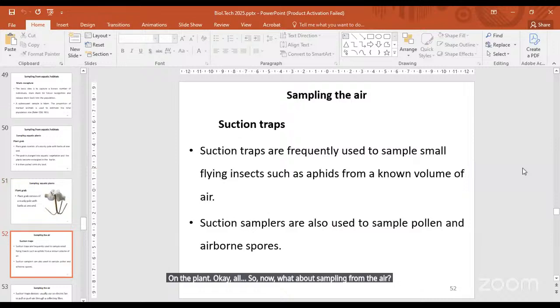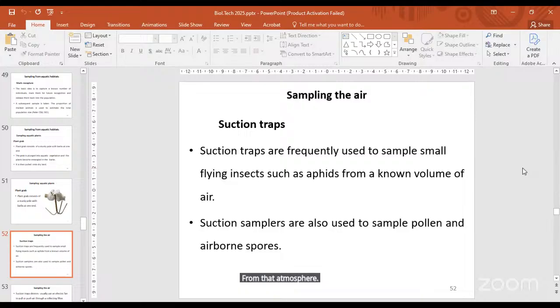Okay. So now, what about sampling from the air? We have looked at sampling from the water, the aquatic habitat. What about taking your samples from the air? There are also devices that you can use. A good device that is used in sampling organisms from the air is the suction trap. As the name implies, a suction trap sucks in air from the atmosphere. A device is put into one end, which helps to draw in air from the atmosphere.